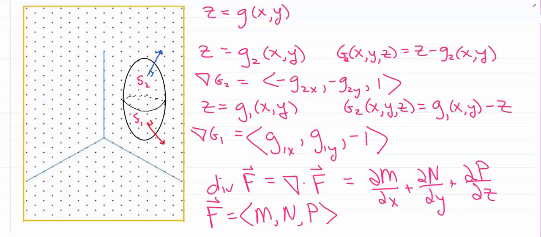It's got these components in here, and that's how we define the divergence. Any questions?